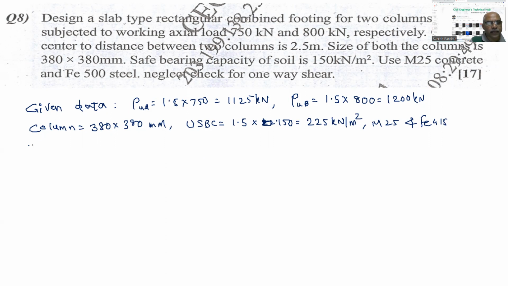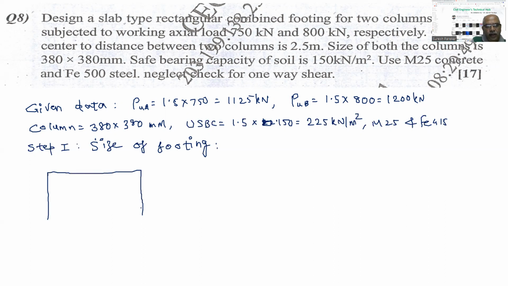So we have step 1, size of footing. Now we have two columns, and the load is around the same.